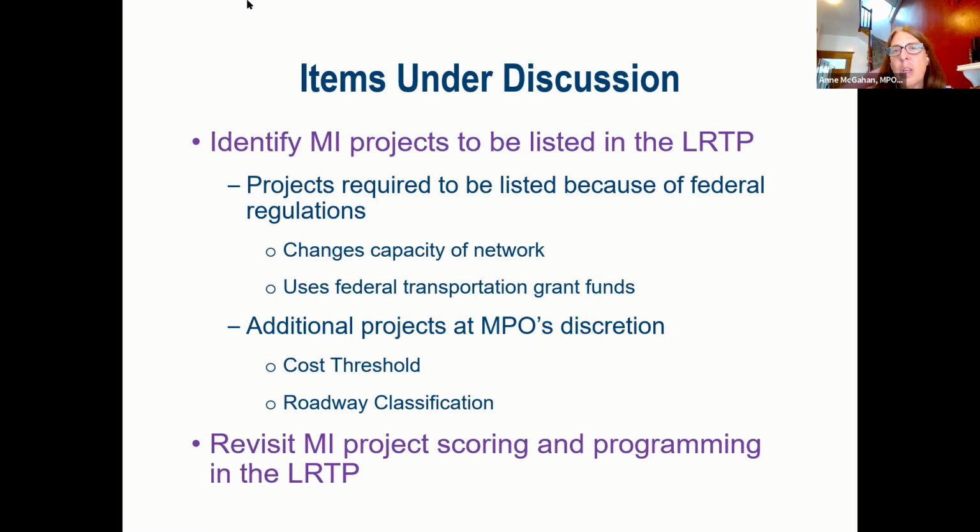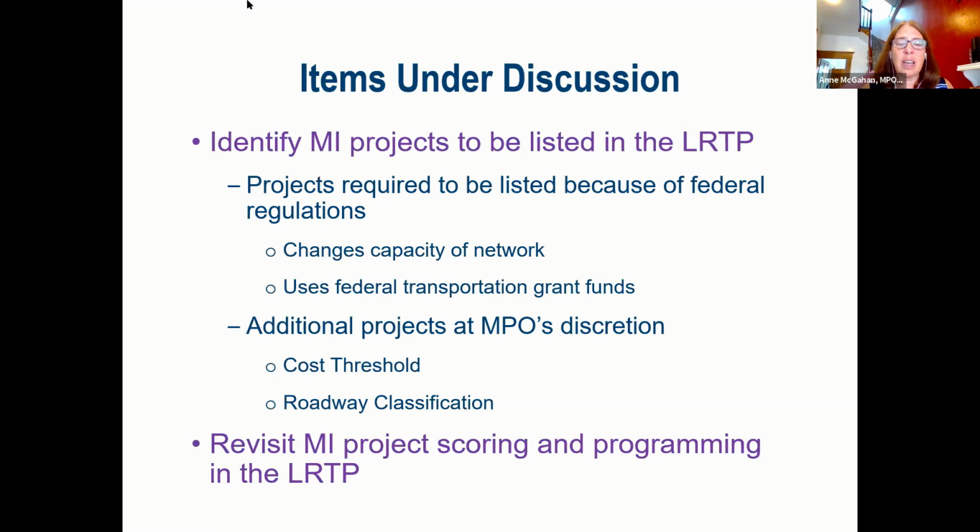Right now, once a project gets included in the LRTP, in most cases, the MPO just assumes it's going to go into the TIP. There are some projects that have been rescored as part of the TIP, but I think most people feel like once it's in the LRTP, it's going right into the TIP, no matter what score it gets under the TIP scoring process.